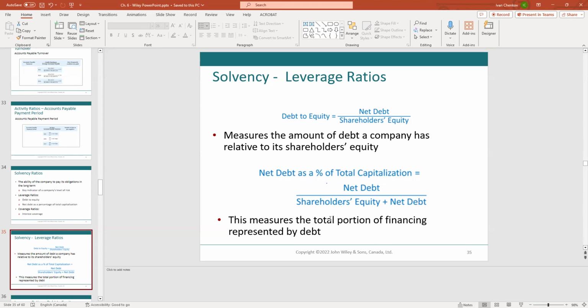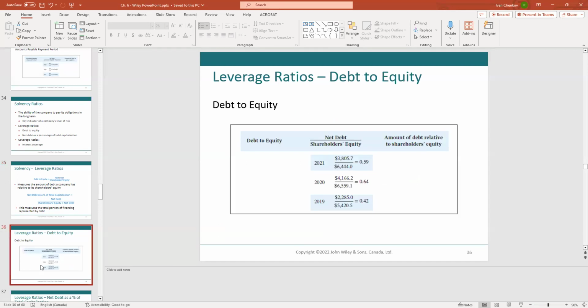So that will measure the total portion of financing represented by debt. So let's see how this company is doing. Debt to equity ratio goes from 0.42 to 0.59. Is that good for a company?